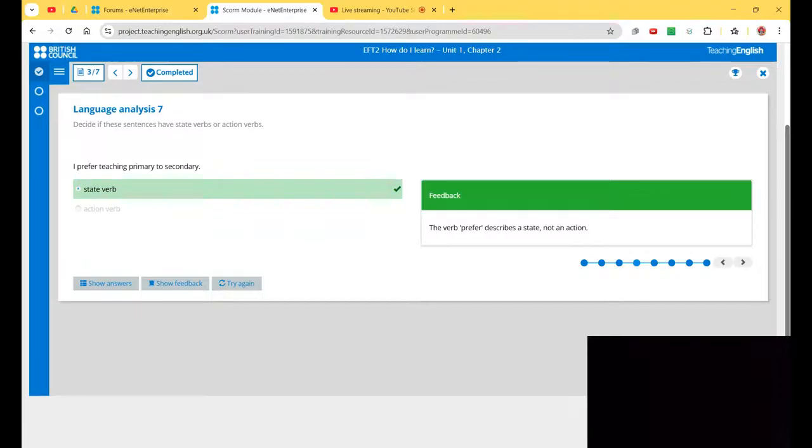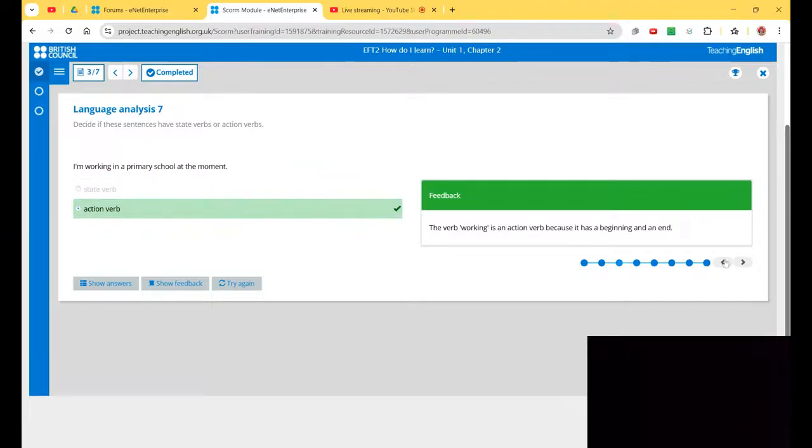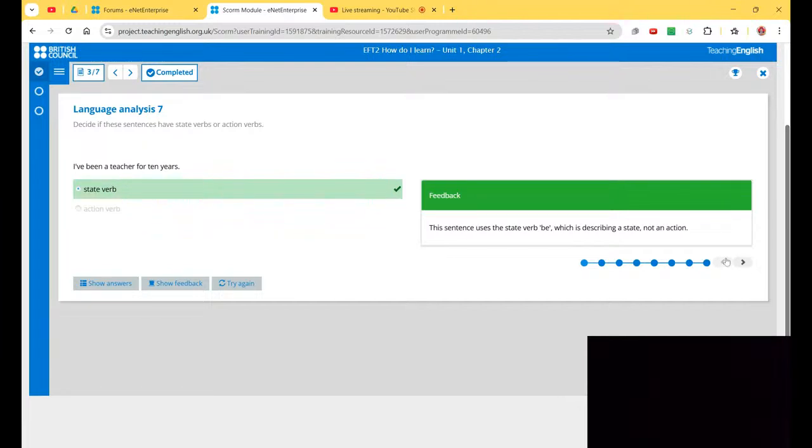I prefer is a state verb. I'm working is an action verb. I started teaching when I was 21 is an action verb. I have been a teacher for 10 years, state verb. Okay, state verbs just tell, not do. Next.